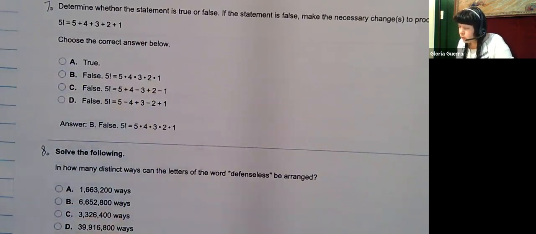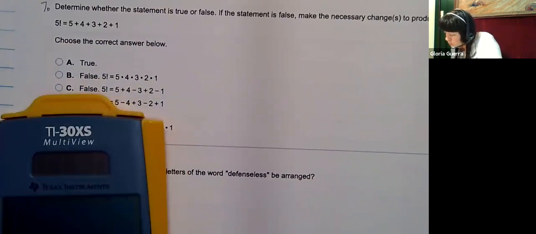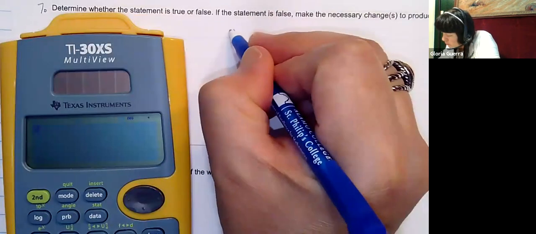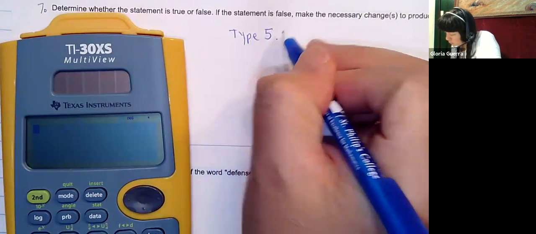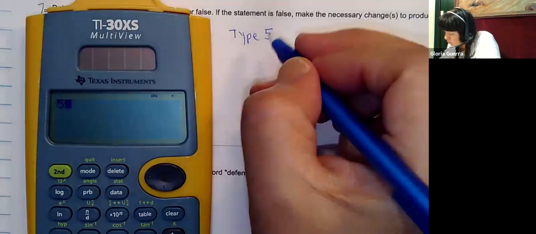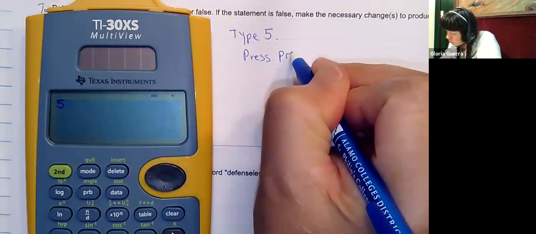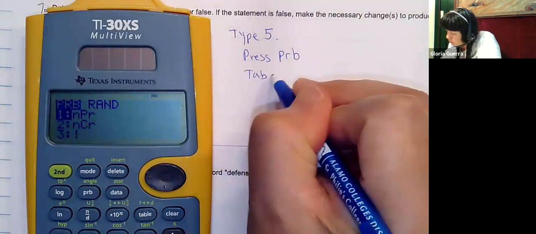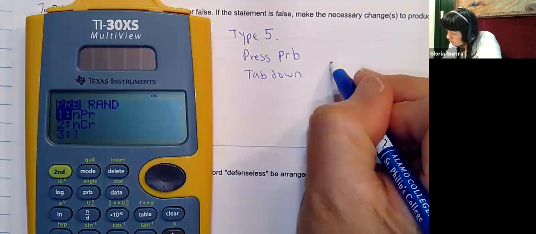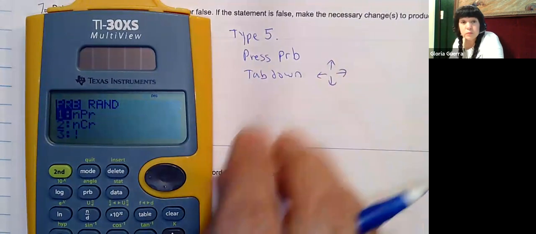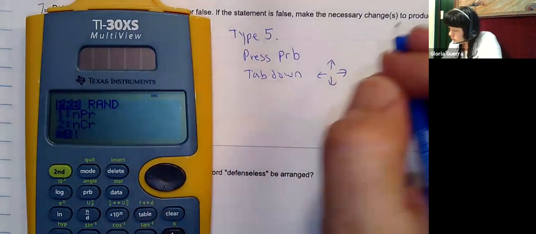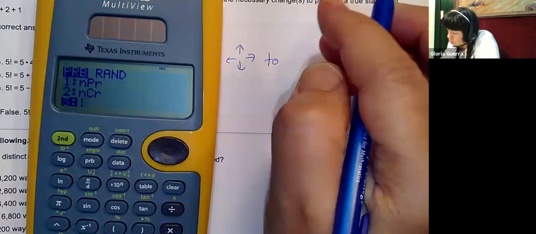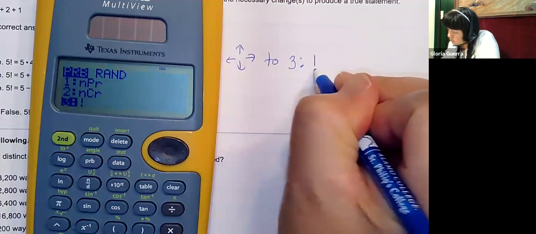And so the way you use that on your calculator, factorial. Let me show you where factorial is at. You would type 5 on your calculator. You would also press the PRB key. Okay, and then you want to scroll down. So you want to tab down to number 3, which is the factorial.